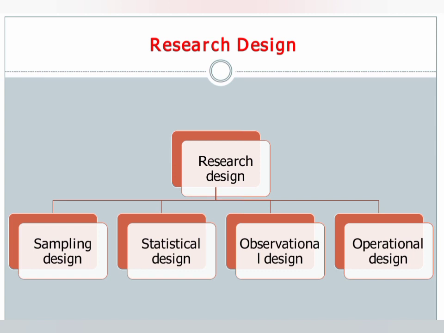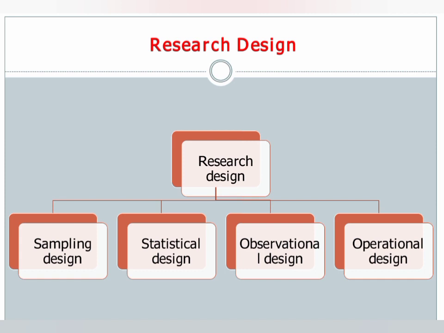We will split the research design completely into these 4 parts, that is sampling design, statistical design, observational design, operational design. So first, coming to the sampling design, it deals with the method of selecting items to be observed for the given study. Next one is statistical design. It concerns the question of how many items are to be observed and how the information and data gathered is to be analyzed.